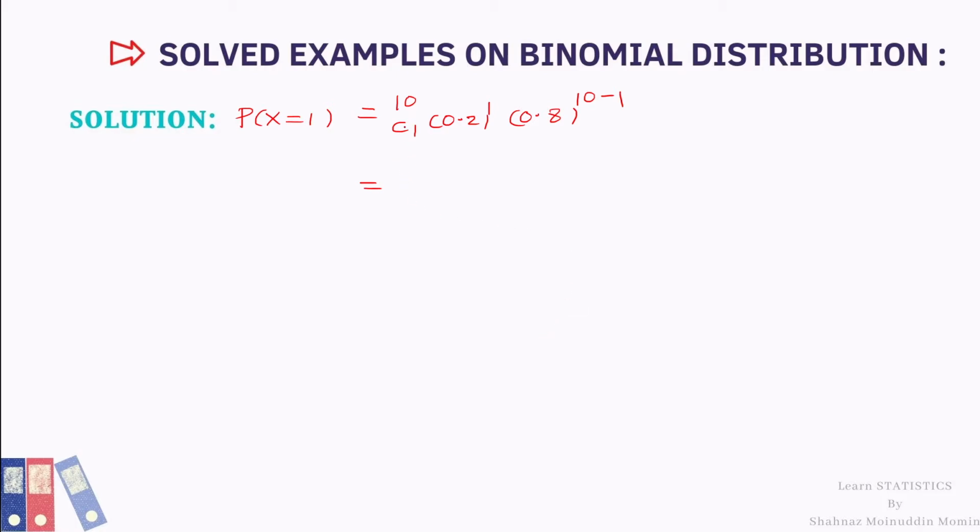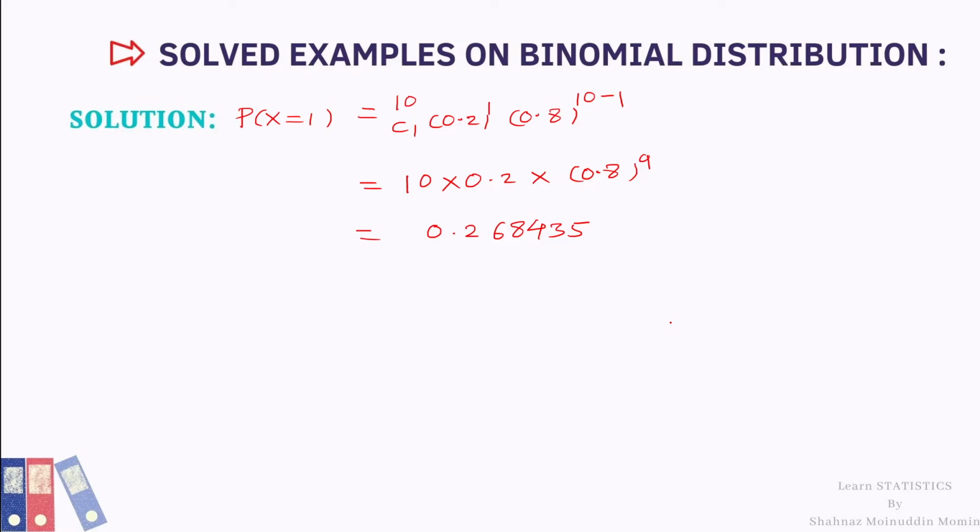So it is 10C1, which is 10, into 0.2 multiplied by 0.8 raised to 9. By simplifying it with the help of a calculator, we get probability x equal to 1 is 0.268435. I am taking 6 decimals. Students are requested to take more than 4 decimals.